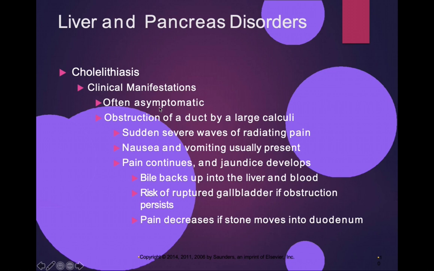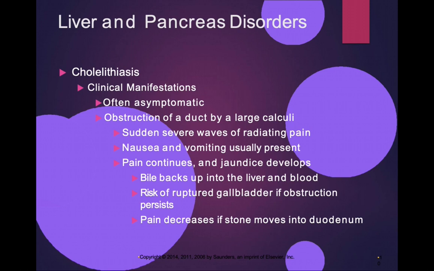Clinically, often asymptomatic, unless there's a large obstruction in one of the ducts by a large calculus. The pain, when it comes on, is a sudden severe wave of radiation. Powerful.